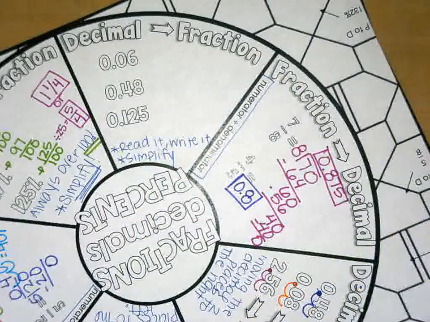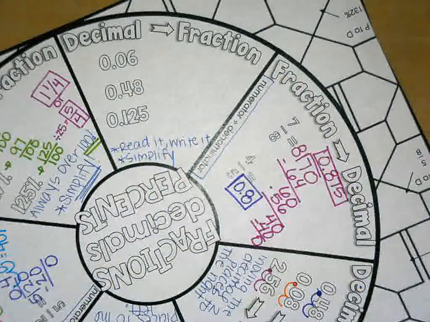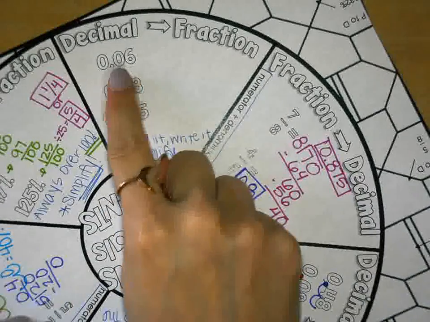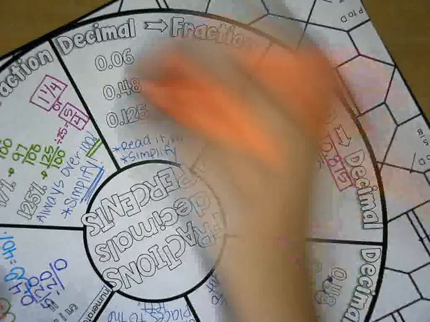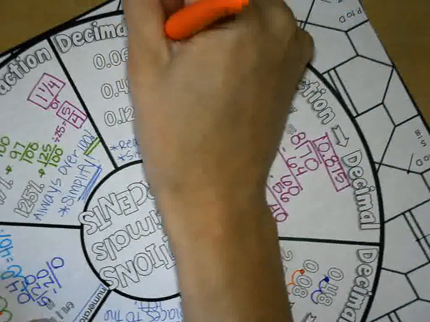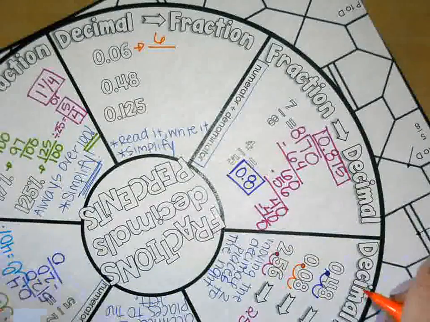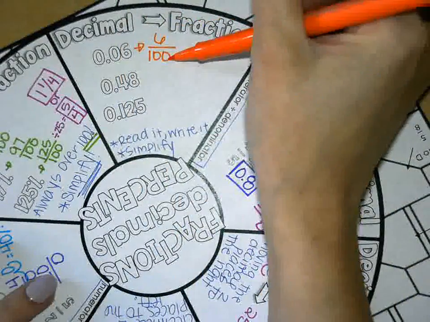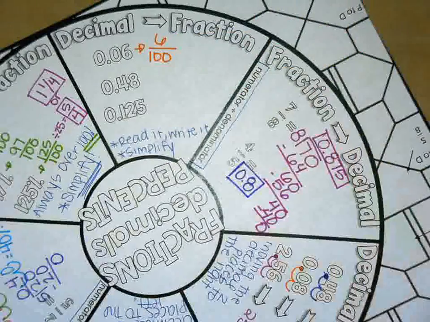So if you can read a decimal, you can write a fraction. So for instance, right here, this is 6/100ths. So because it is 6/100ths, I write 6 in my numerator, and that is over 100 because it is 6/100ths.